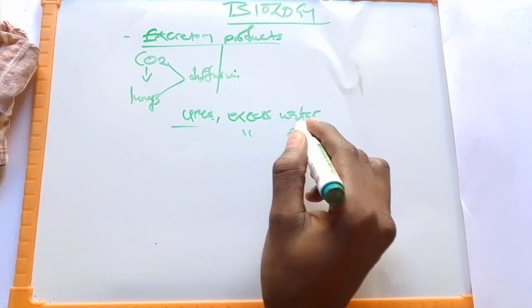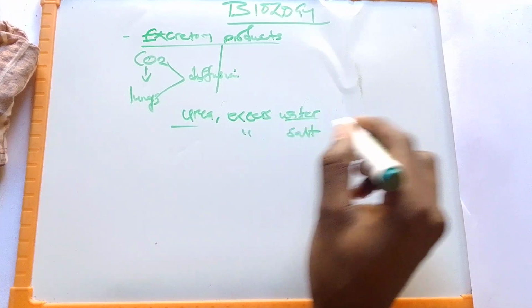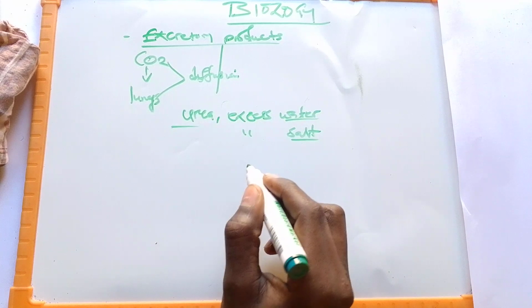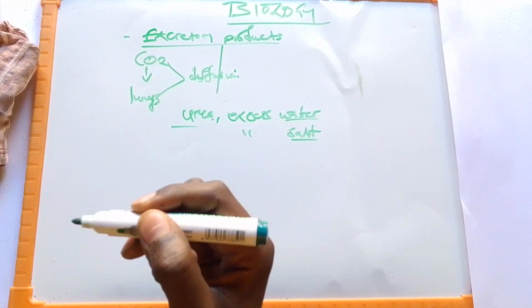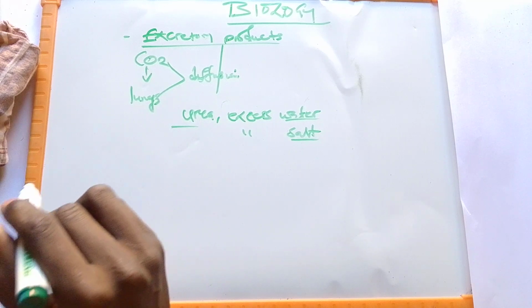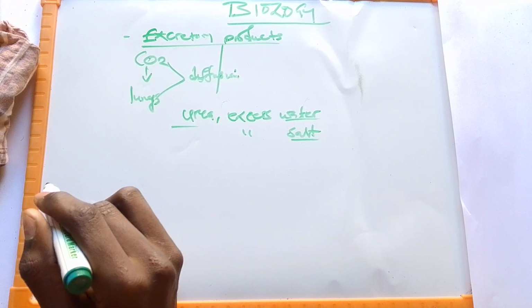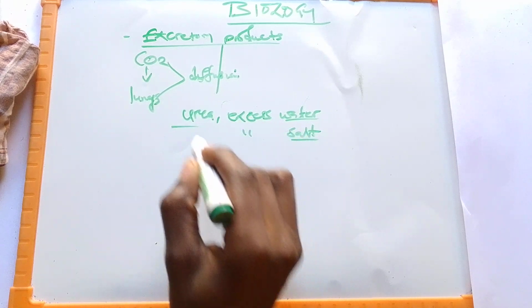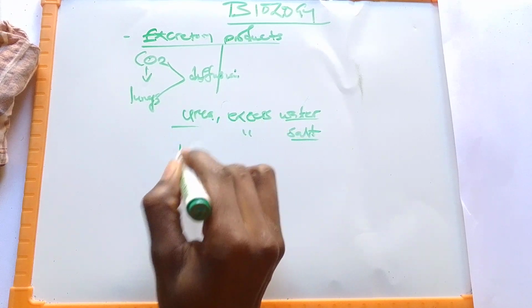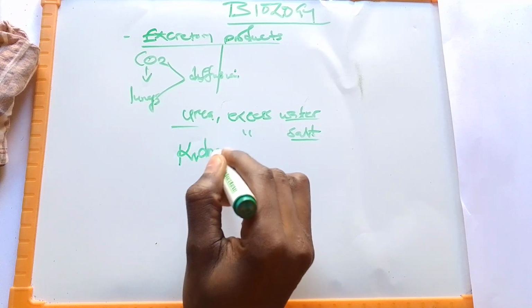So urea, excess salt, and excess water. So these things are also excretory products which are excreted outside the body. So the organ which is responsible for the excretion of this is the kidney.